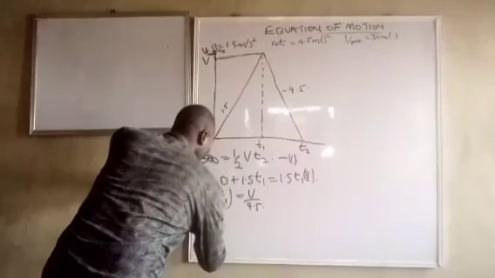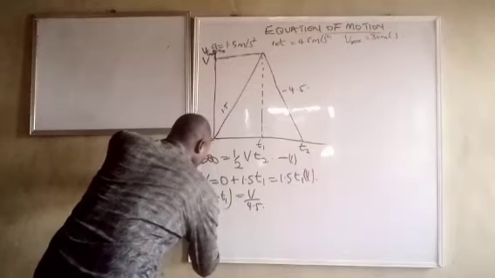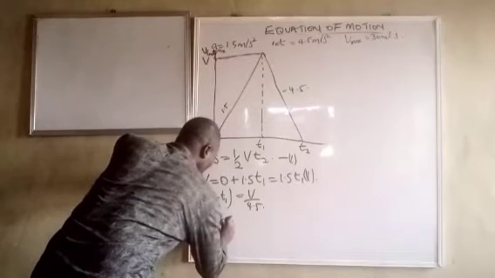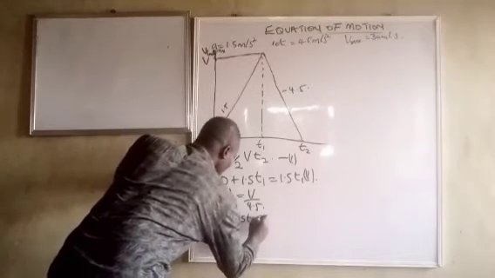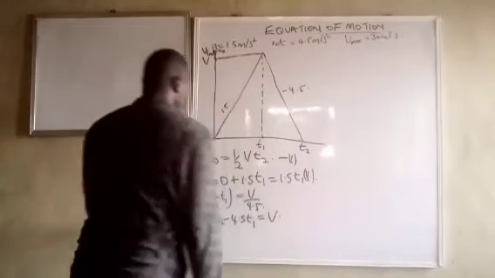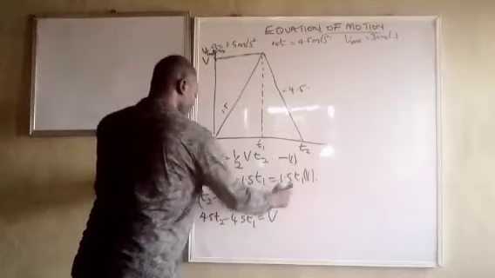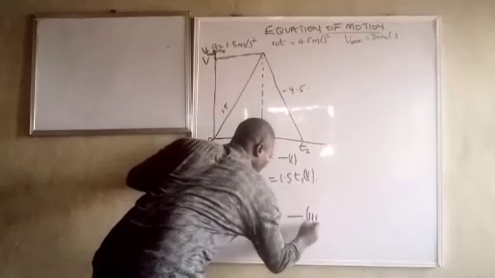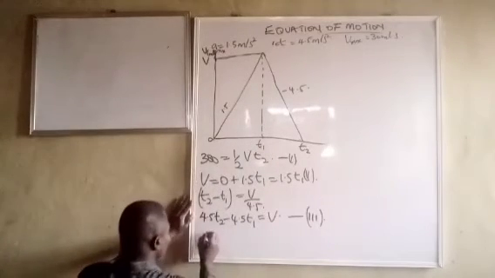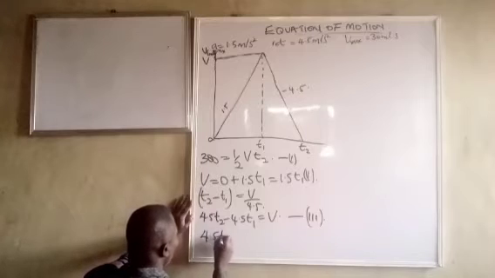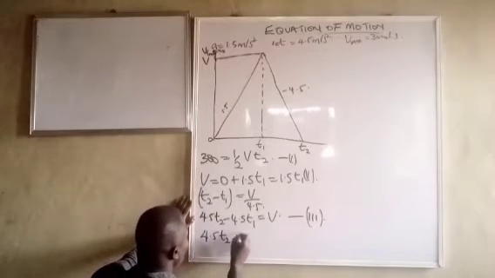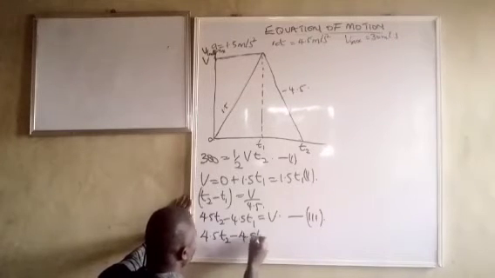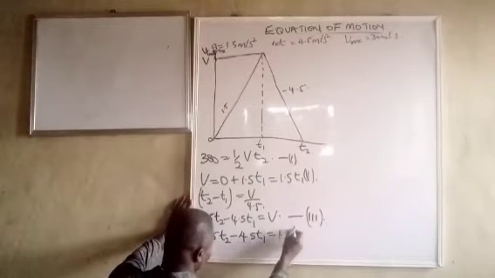It means that 4.5 T2 minus 4.5 T1 is equal to V. If you look at this, it means that 4.5 T2 minus 4.5 T1 is equal to 1.5 T1.